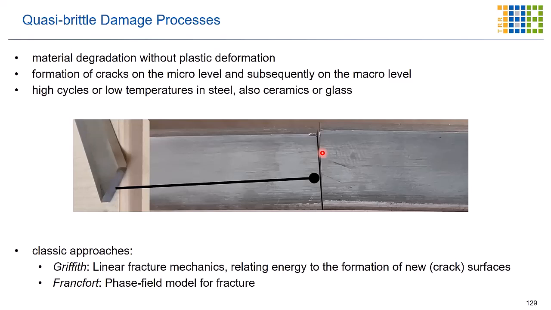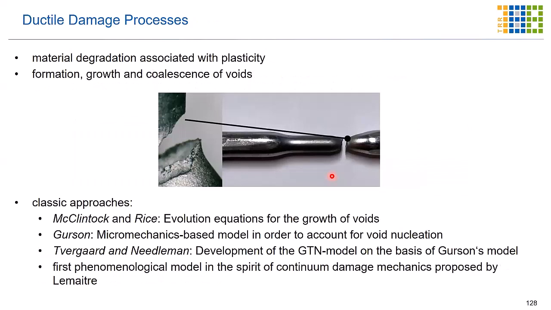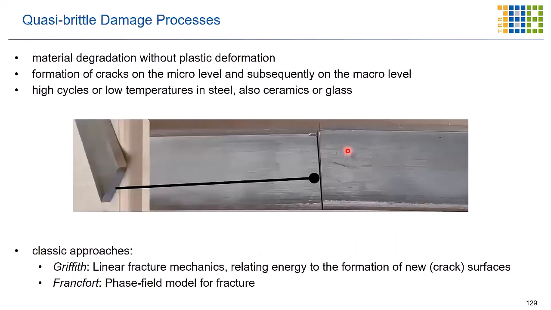Especially when we talk about steel, we think here of low temperatures or higher numbers of cycles. So you see this straight line here. But if we go back here at low numbers of cycles or just for a simple tensile test at room temperature, we see necking, we see remaining plastic deformation here, while here on the macroscopic level, this is negligible for quasi-brittle damage.